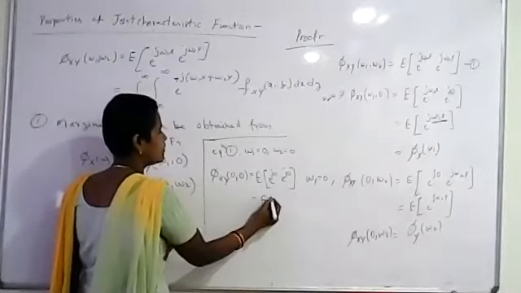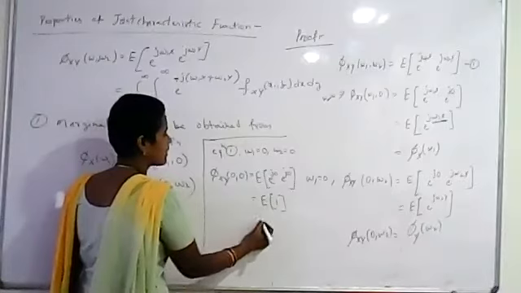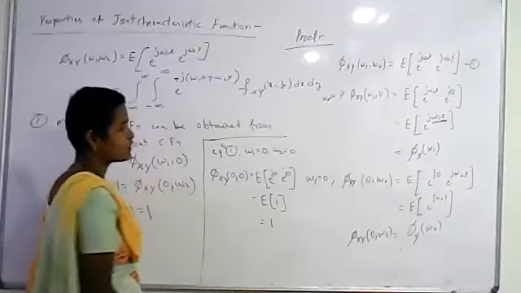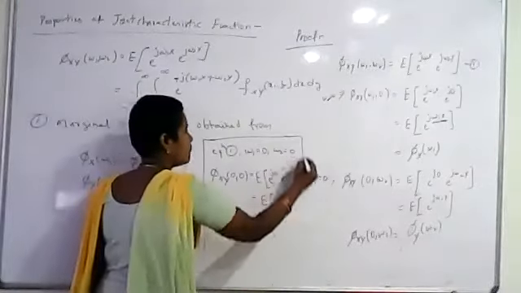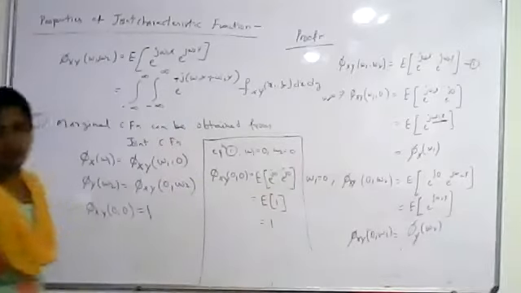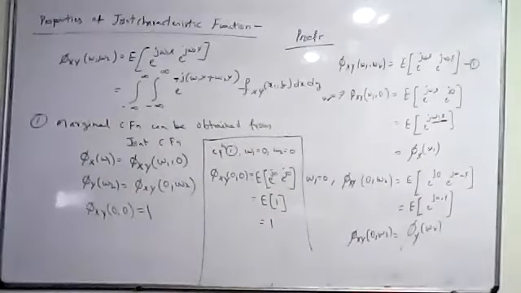So what is this value? Expected value of 1, and you know that the expected value of 1 will be equal to 1 only. Okay, this is our first property: the marginal characteristic function can be obtained from joint characteristic function.